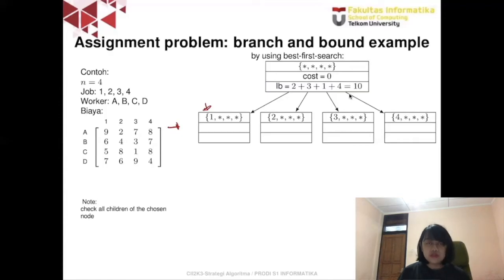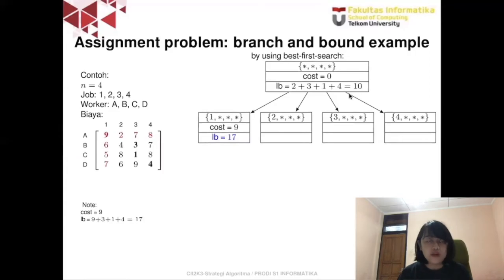So if worker A is given job 1, then the 9 is locked as a part of the cost. So the cost we have now is 9. So the total fee we have up to this point is 9, and the lower bound becomes 17. Why is that?